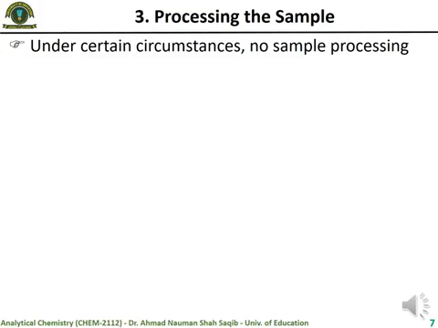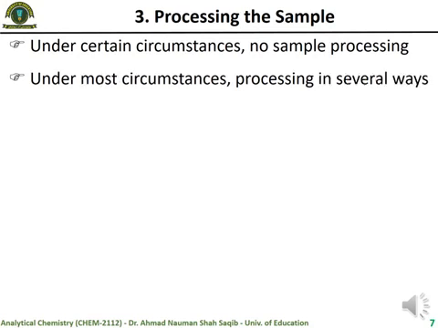But there are certain cases in which we have to process the sample before we can analyze for a specific parameter. So we will discuss different examples so that you can understand what kind of different processes are required before the sample can be analyzed.